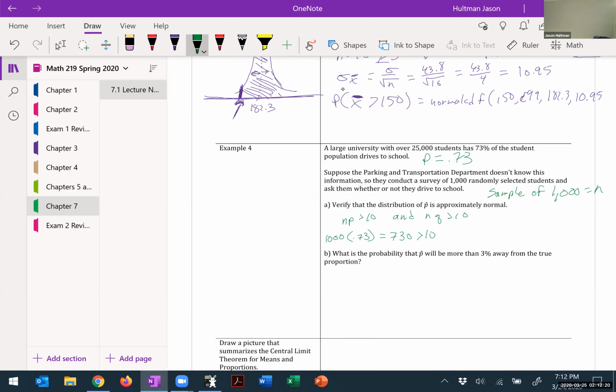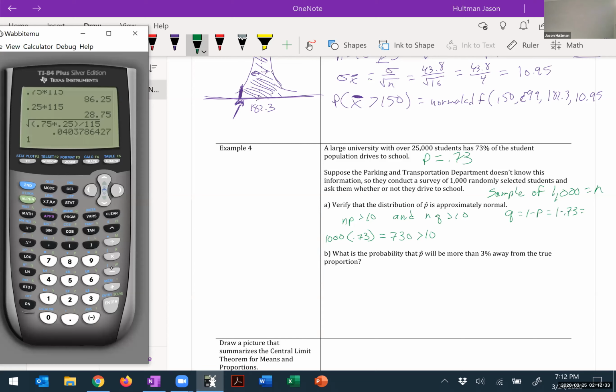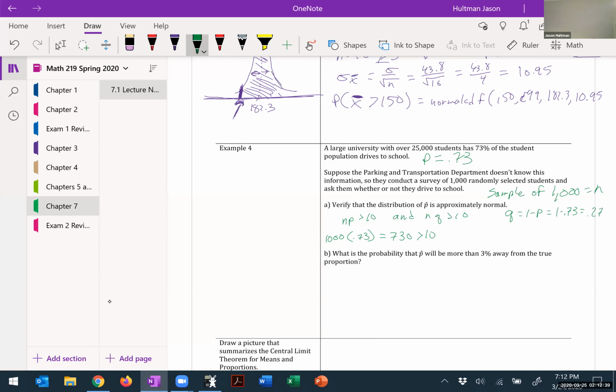Now what about q? Well, what would q be? q is equal to 1 minus p, which is 1 minus 0.73, which on the calculator is equal to 0.27, what we were working with before. So what about the smaller one, q?